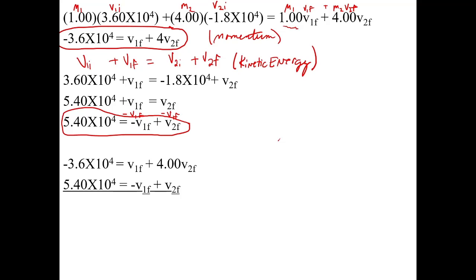And this one's really nice. We don't have to multiply it by anything, and the V1 finals will cancel because it's positive and negative. So let's see, I add these two down, and I get 1.8 times 10 to the fourth. Maybe we'll put the 0 back. Is 5 V2 final. Then all that's left is to divide both sides by 5.